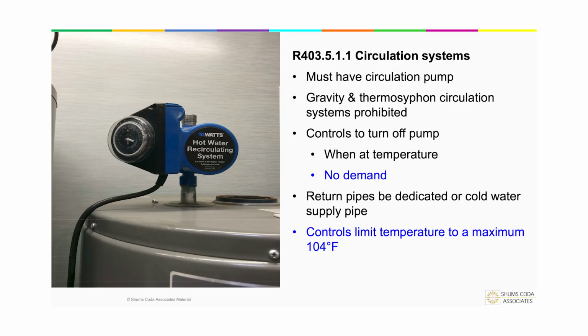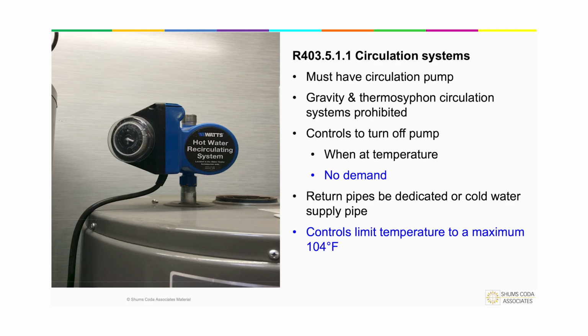So let's talk about circulation systems. You have to have a pump when we have these systems. You cannot have gravity or thermal siphon circulation. You have to have controls. Those controls are going to turn off the pump when it happens to be at the set temperature and there is no demand for it.